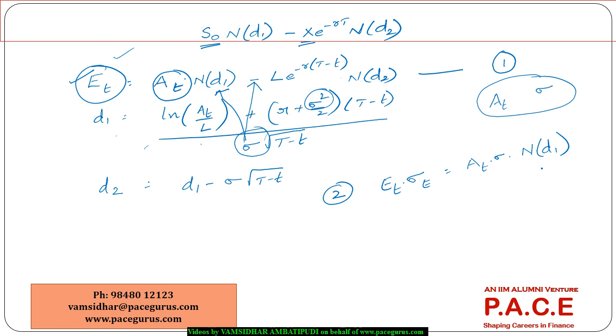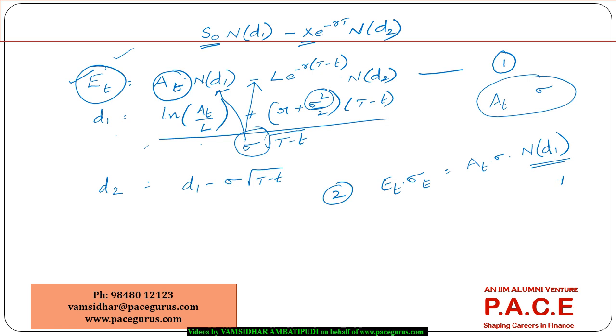So the logic is like this. If N(d1) is 1, it's as good as the liability being almost negligible. That is when N(d1) equals 1.